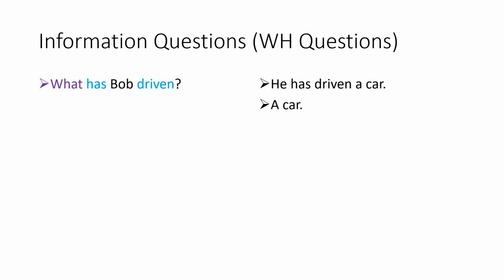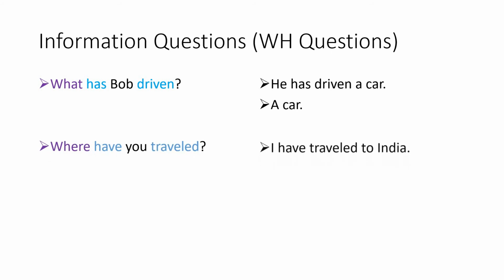Here's another example. Where have you traveled? The answer is I have traveled to India, or for a short answer, to India. So in a WH question, just follow this order: WH word, helping verb, subject, past participle.